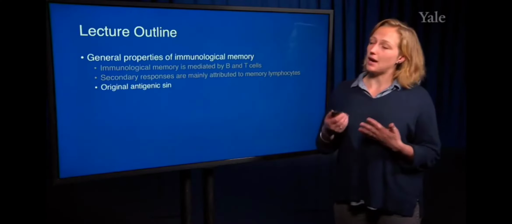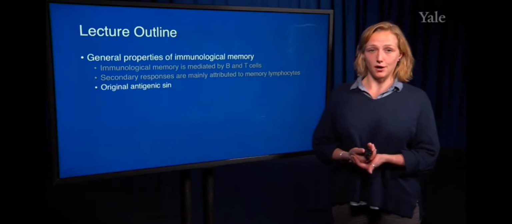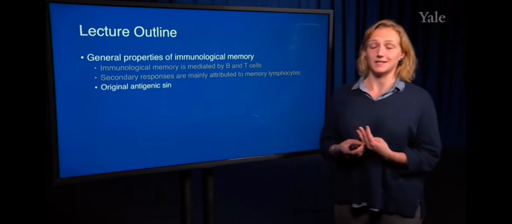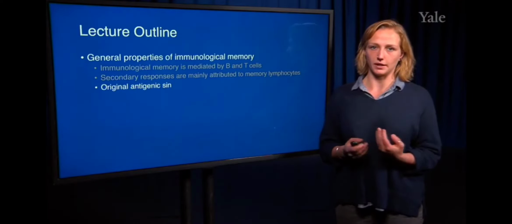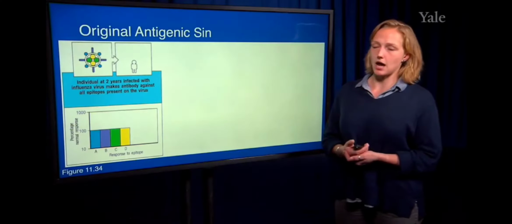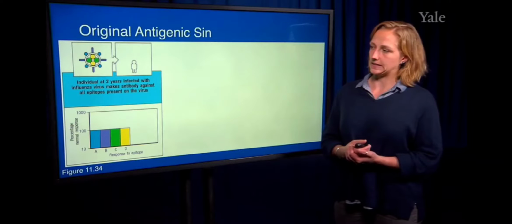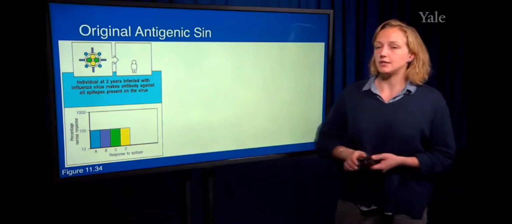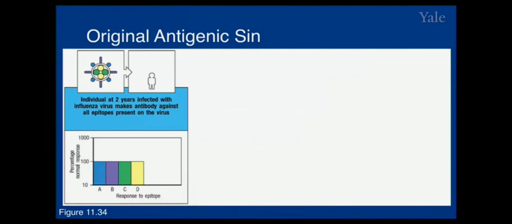Now, another topic I wanted to cover was called original antigenic sin, which is another general property of immunological memory. So what this means is, I want to illustrate this with the following example. Let's say that you have an individual who at a very young age was infected with influenza virus, and this individual generates antibodies against the different types of epitopes on this virus.